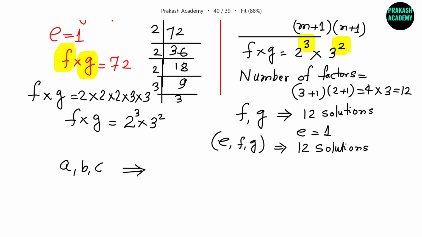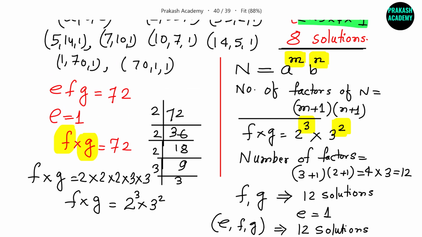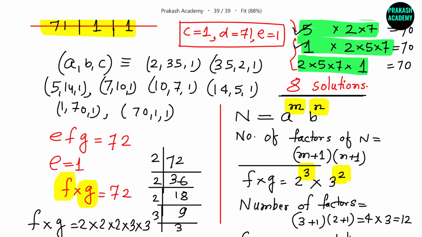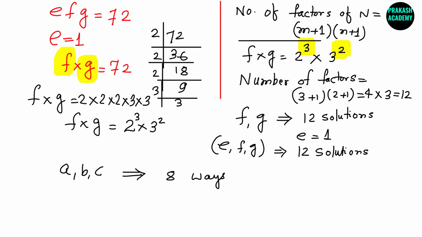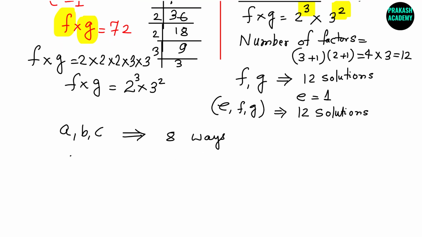In this case, 8 ways, or you can say there are 8 solutions possible that satisfy A, B, C. Now for C, D, E, there is only one solution, only one way.